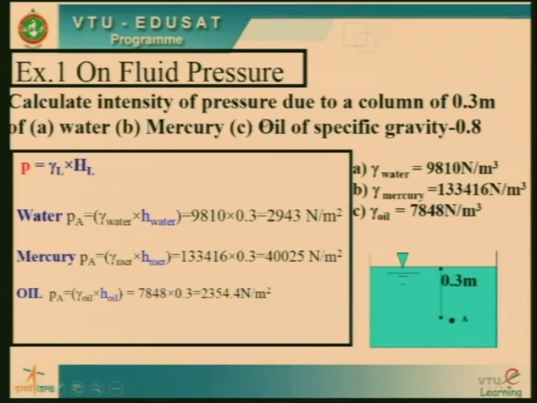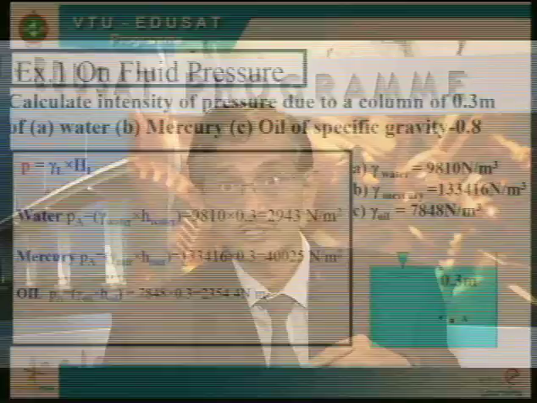Calculate the intensity of pressure. Let us read the problem statement. Calculate the intensity of pressure due to a column of 0.3 meter: number 1, of water, number 2, of mercury, and number 3, of oil of specific gravity 0.8. It means he is asking you, this is a tank, the diagram is shown, you can see that very clearly.